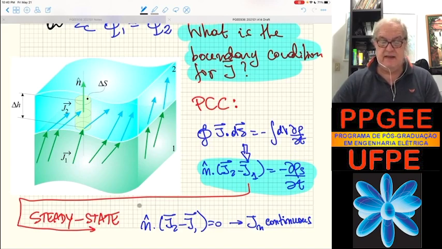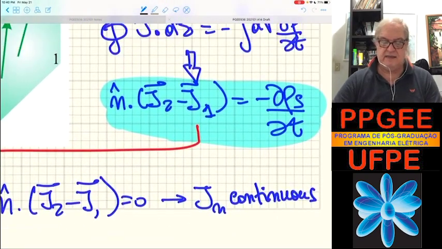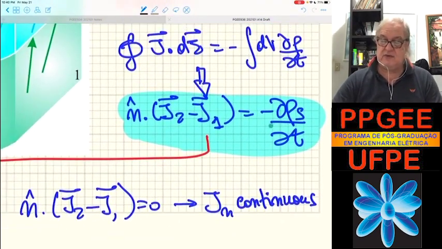But if we are at steady state, if we have d rho dt equals 0, then the normal component of J is continuous. That's the result we get. So when this goes to 0, J normal is continuous. That's the second boundary condition.